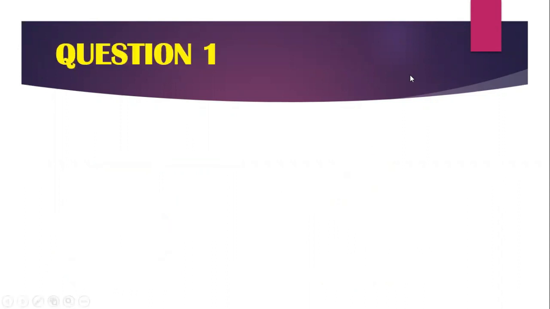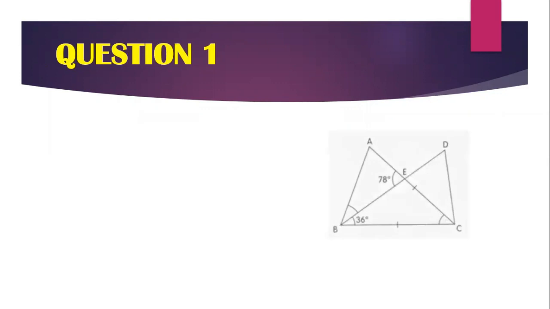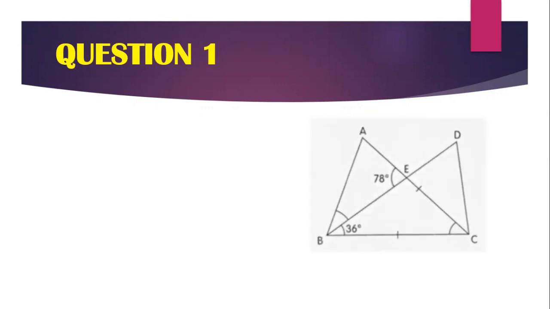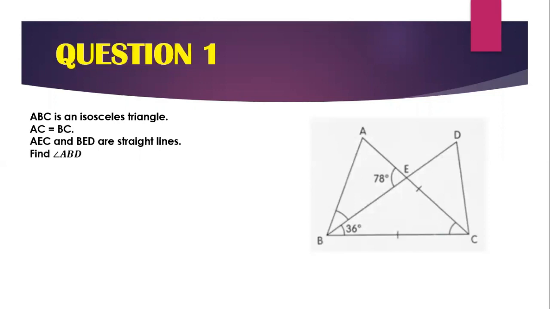Okay, students, to make sure everything is clear about this case, geometry in parallelogram and rhombus, we are going to discuss several questions. Okay, here we are. Question 1. ABC is an isosceles triangle.